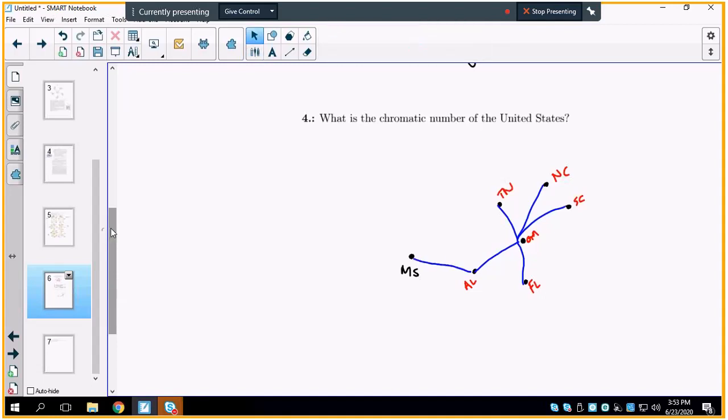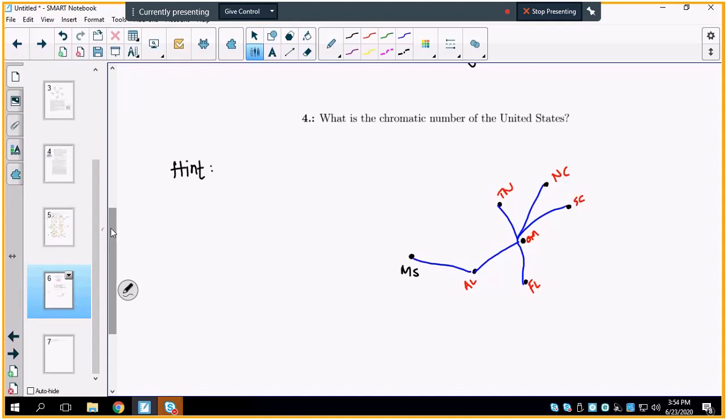That type of thing. So you would create a graph. It would have 50 vertices and some number of edges. And just try to play around with it and see if you can determine the chromatic number of the United States. I'll go ahead and tell you the number, but I want you to try to draw the picture.